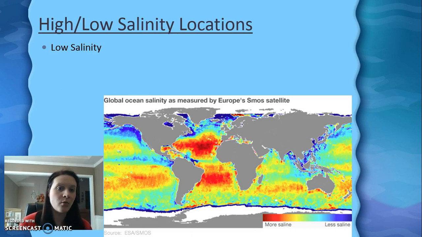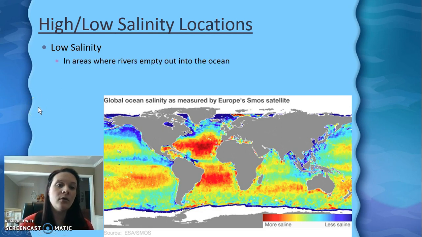So let's talk about where on this planet you'd be able to find lower amounts of salinity versus higher amounts of salinity. And I'm talking about still just ocean water here. For low salinity, you would expect areas like the Gulf areas where rivers are emptying out into the ocean. Think of those deltas that we talked about around the wetland areas.